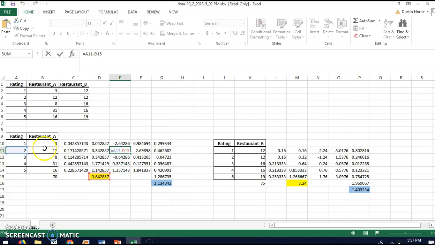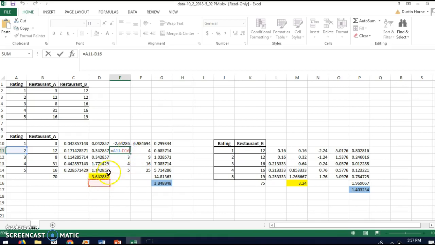So what you have to do is you have to do A11 and you just have to highlight the D15 cell again. So for example here, if you were to copy this down, your formula was A10 minus D15. Well, what it did was when you drag this button down, it's going to say A11 minus D16, but we don't want D16.